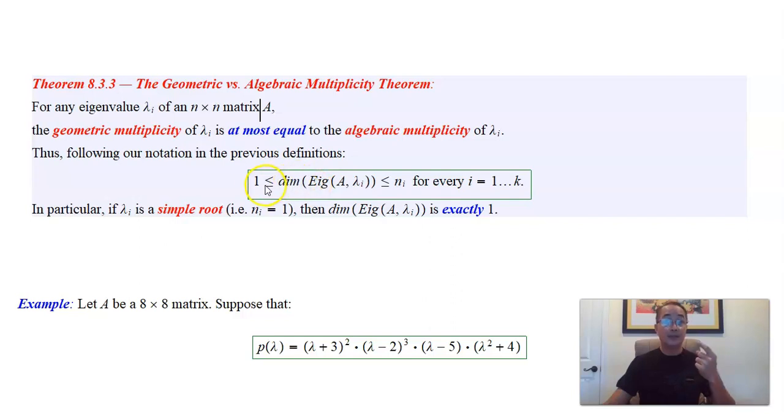So therefore the dimension is at least 1. There's at least one non-zero vector in the eigenspace.